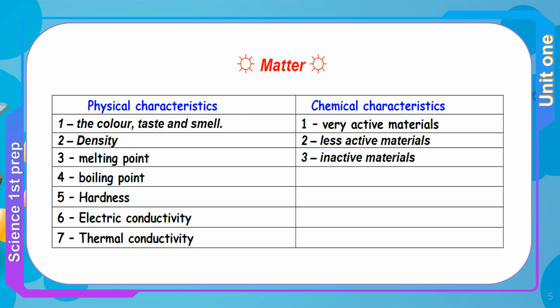Number 2, density. Number 3, melting point. Number 4, boiling point. Number 5, hardness. Number 6, electric conductivity. And number 7, thermal conductivity. Okay, and chemical characteristics: very active materials, less active materials, inactive materials.